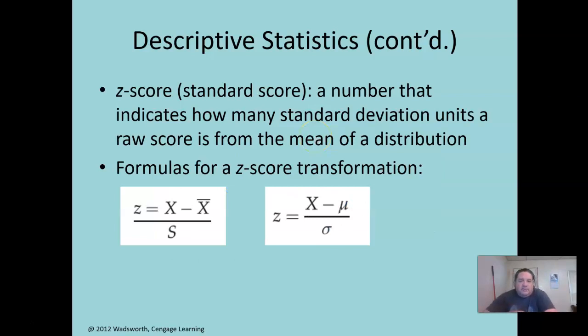We can use our statistics to get the z-score, which is a standard score, a number that indicates how many standard deviation units a raw score is from the mean of a distribution.